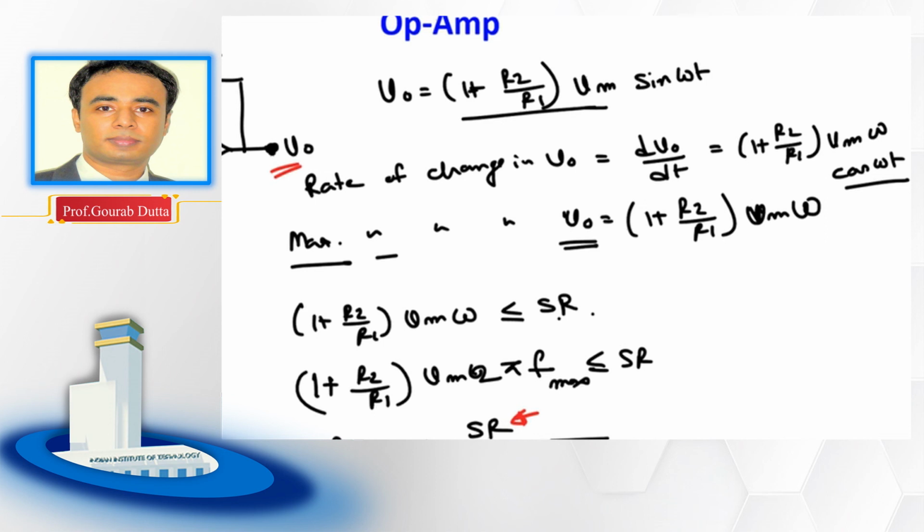At the same time, it also depends on the gain of this amplifier. So I hope from this understanding, for any op amp circuit, you should be able to find what would be the maximum frequency of this input signal, so that it will not create any distortion at this output, right. Okay.